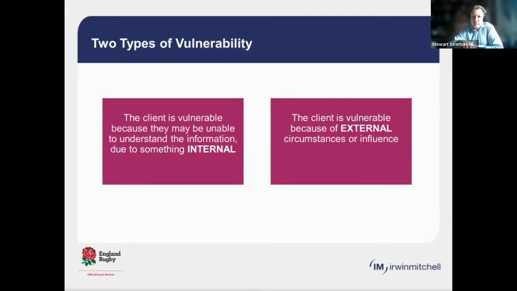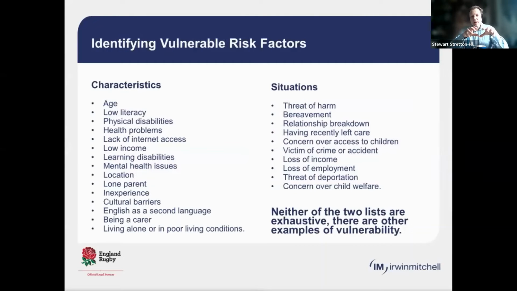A client might also be vulnerable because of external circumstances. So something might be going on in their lives that means they are prone to influence or are additionally vulnerable as a result. And just to give you some examples there. So internal vulnerability has characteristics. It could be someone's age, but just because someone is old doesn't necessarily mean they are vulnerable.